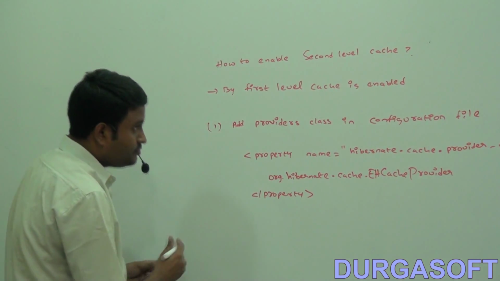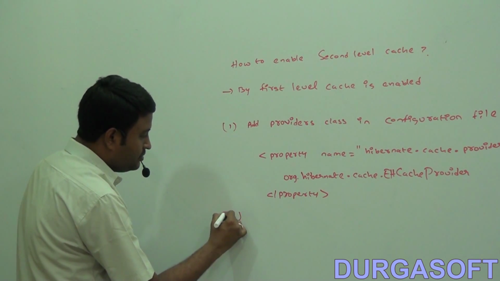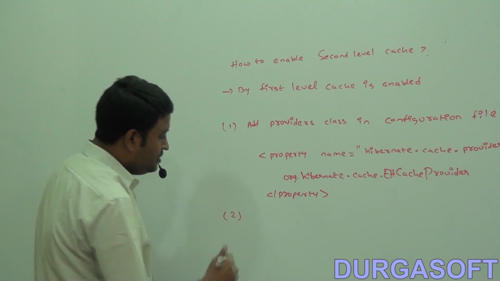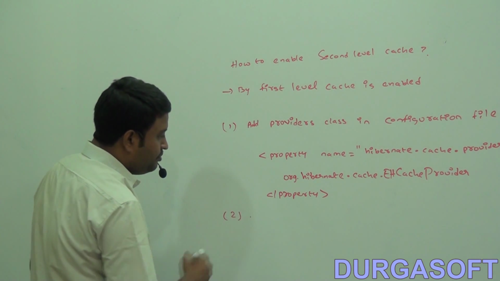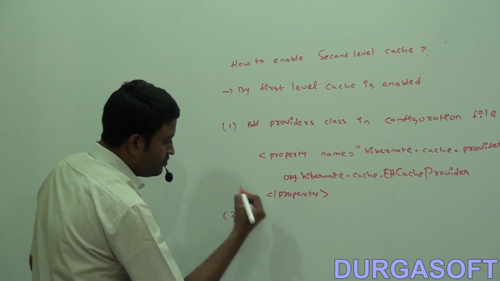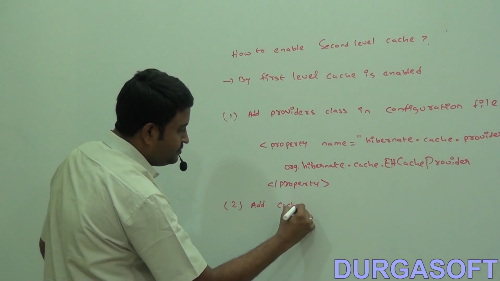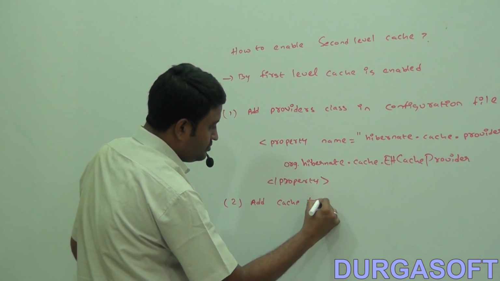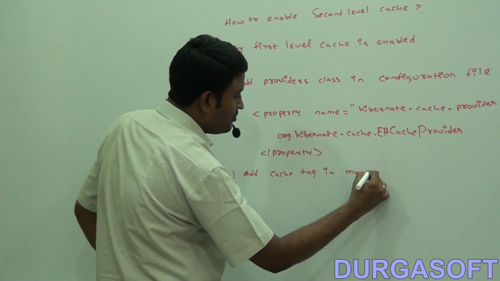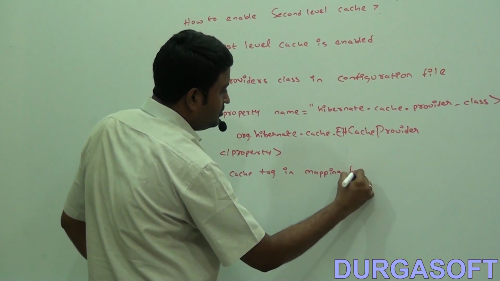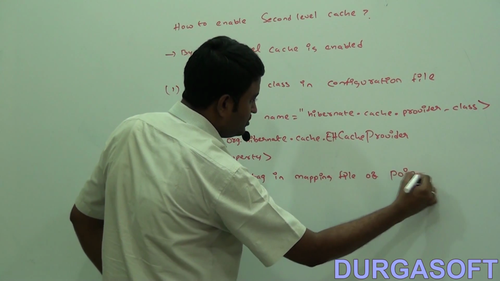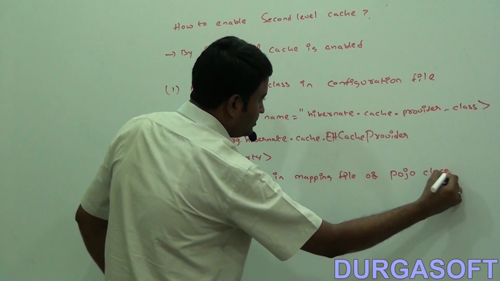Second one, we add the cache tag in the mapping file of the Pojo class.